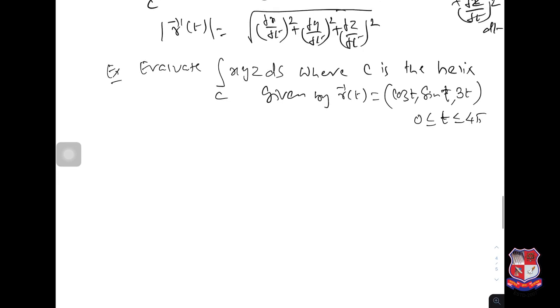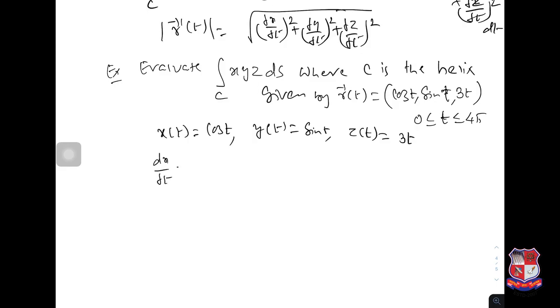So here x of t is cosine t, then y is sin t, and z as 3t.